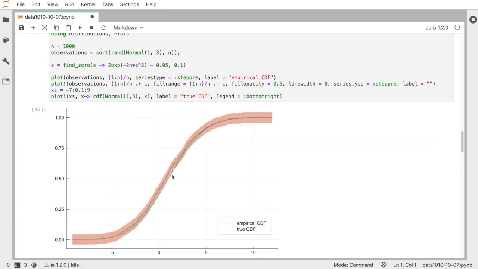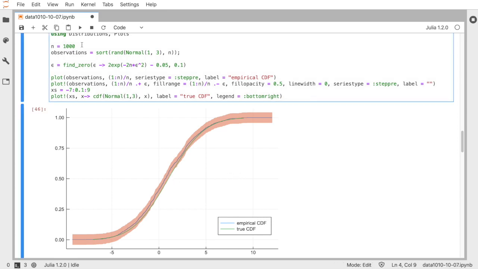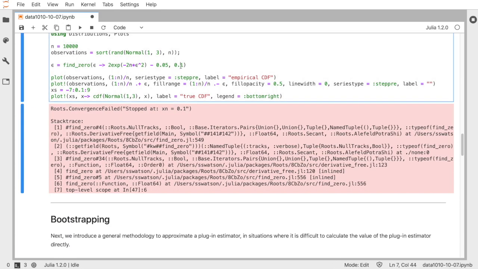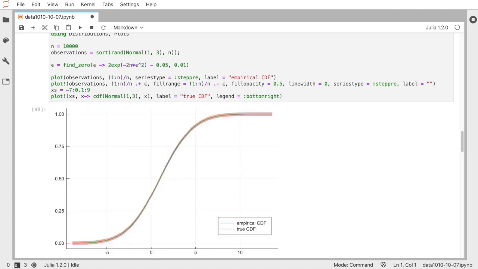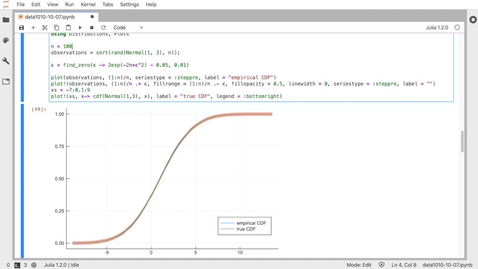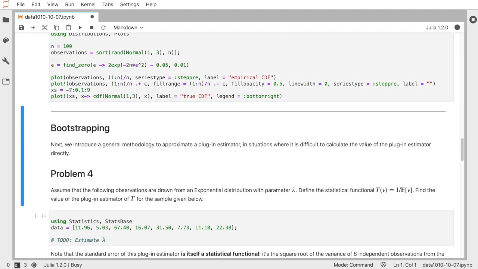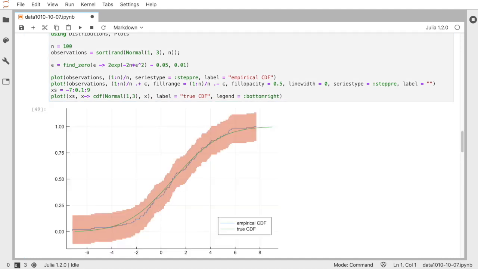The green curve jumps outside the orange band here. So this confidence band has some probability of failing, and here it does. So with n equals 10,000, you can see the band is even tighter, and with an n more like 100, it's going to be a much wider band.